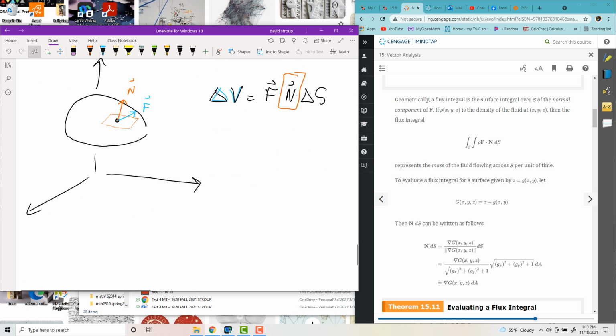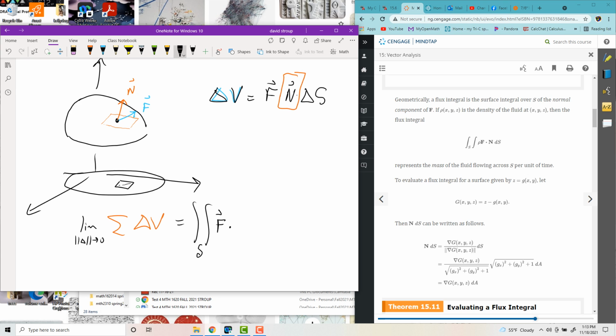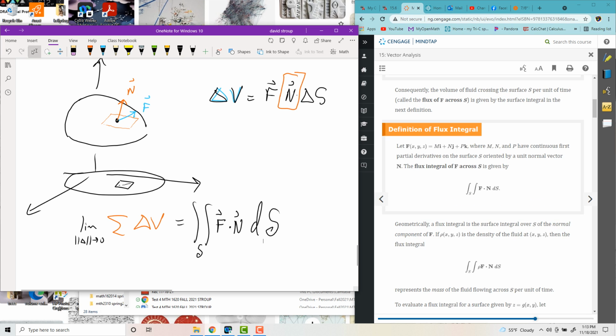It's going to be the sum of all these delta v's, and then you take the limit as the norm in the projection of the little rectangle that this thing is over top of goes to 0, and we'll end up with the double integral over the surface of f dotted with n ds. Ultimately that will be the thing that we want to work with, and that will be called the flux integral.